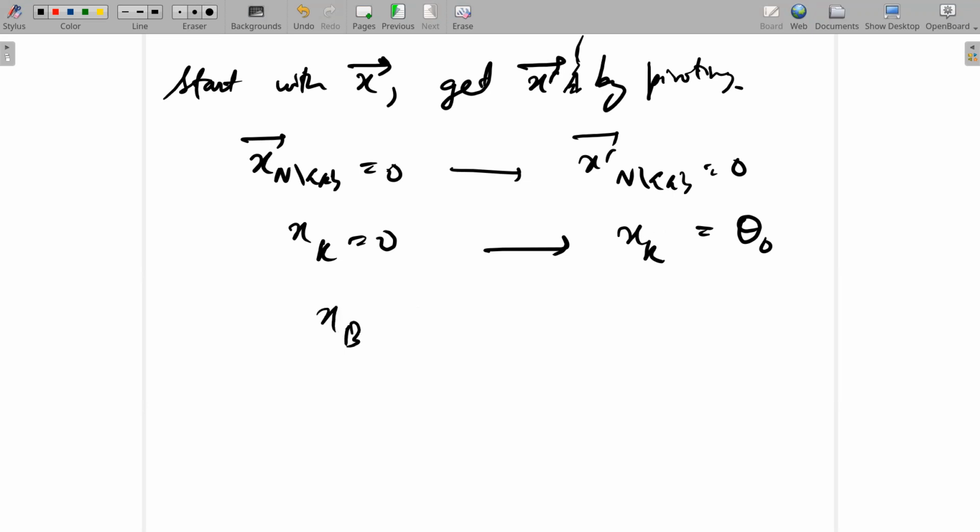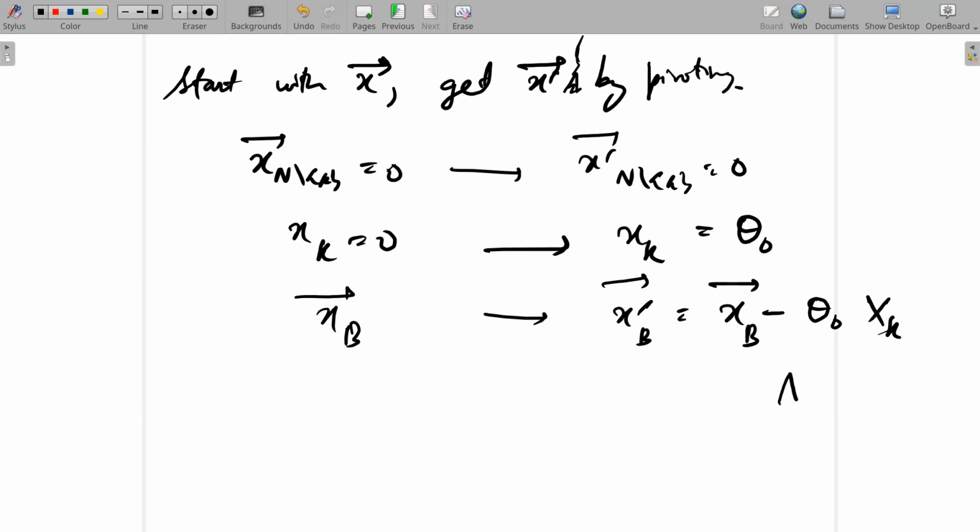And for xb, those corresponding to the basic indices, xb prime is nothing but xb minus theta naught xk. What was that xk? First of all, you started with matrix A. Remember, in our algorithm, for those basic columns we converted them into an identity matrix.